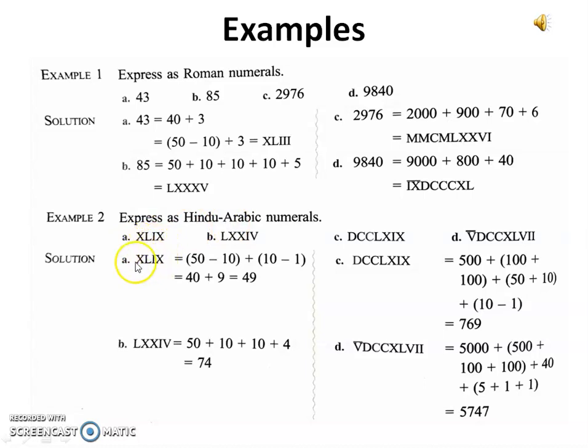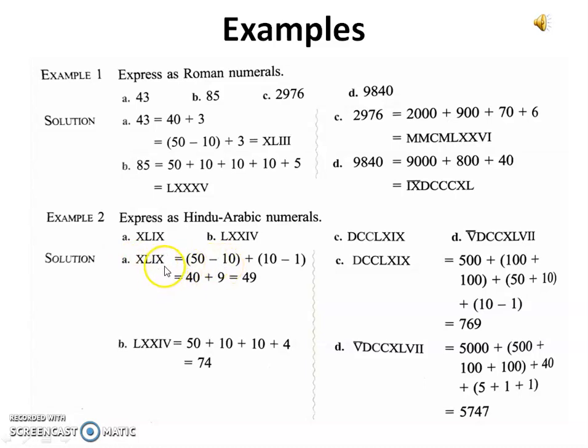X stands for 10 and L stands for 50. So here the rule for subtraction applies. This XL value gives us 50 minus 10.